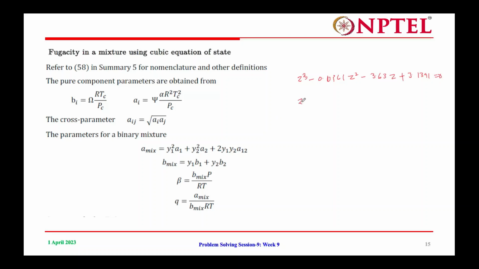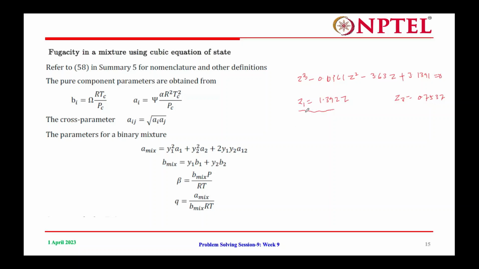So first root is 1.3927. Another is 0.7537. So this is the vapor phase. The highest is the vapor, the lowest is the liquid. Intermediate is not significant.